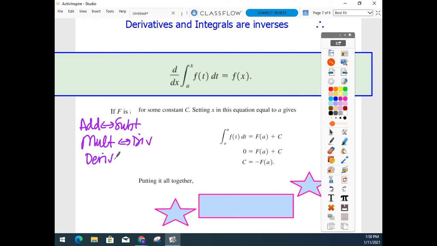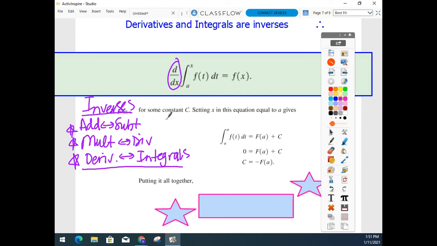Derivatives and integrals are inverses, just like add and subtract, multiply and divide. Therefore, if I take the derivative of an integral, I just get the original function f. Derivatives and integrals cancel each other out. We really just plug the x in for the function and get f of x.